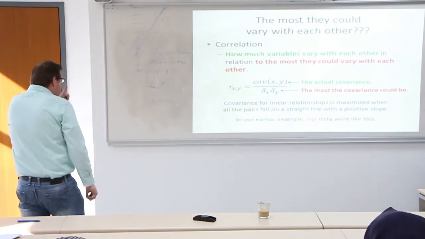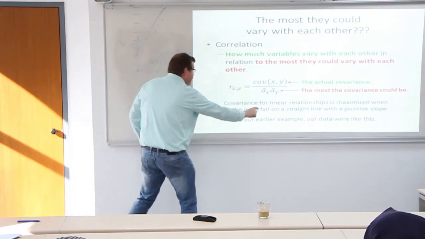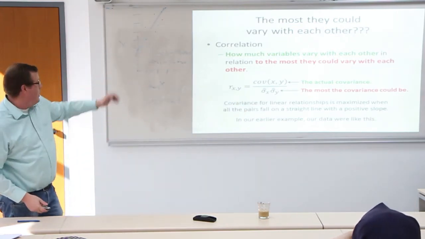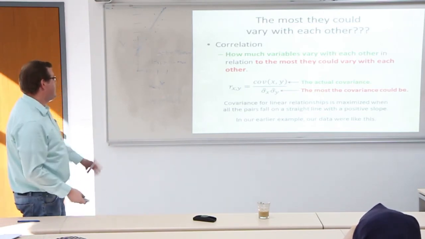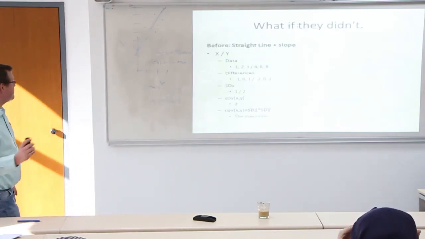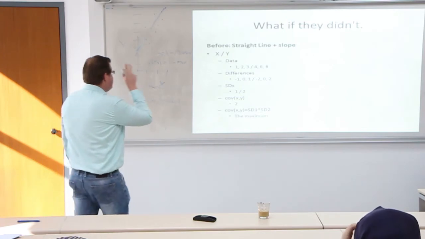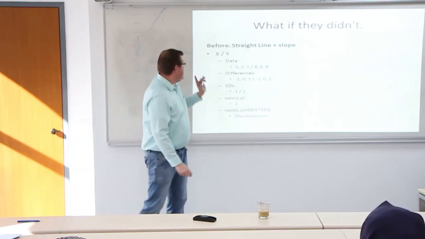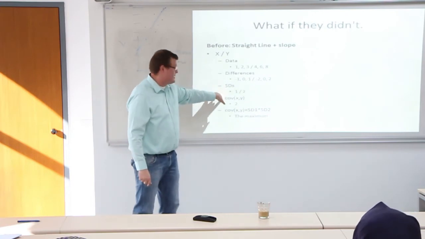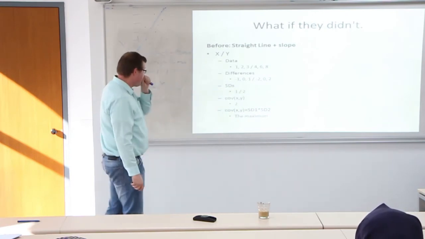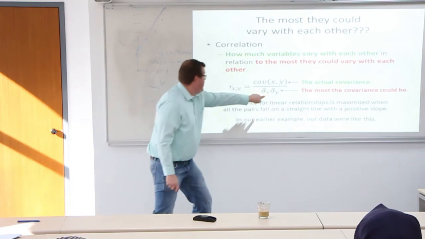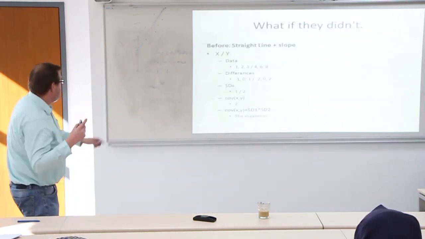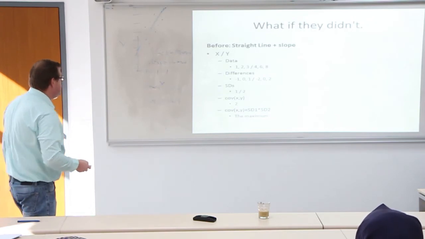So, in our earlier example, we had data like this. All of the pairs fell on a straight line with a positive slope. So, let's see what would happen if they didn't. This is what we had before. These were our data, these were our differences, these were the standard deviations that we calculated, which will be important because we wanted them here. And we had our covariance, which was 2.